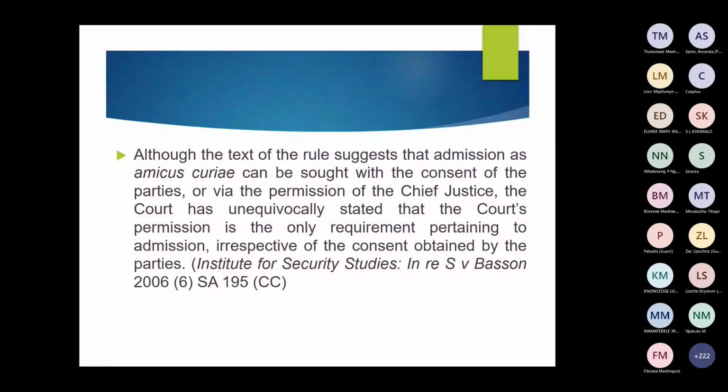And if you look at the text of Uniform Court Rule 16A, if you raise a constitutional issue in your papers, you have to put up a special notice in terms of Uniform Court Rule 16A. You've got to put up a special notice at court. There's a specific notice board that's dedicated in the high courts too, which alerts people to the fact that you're raising a constitutional issue in your matter.